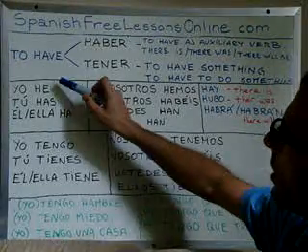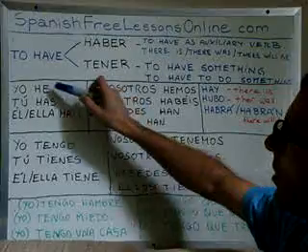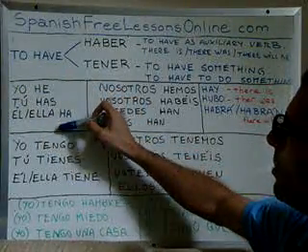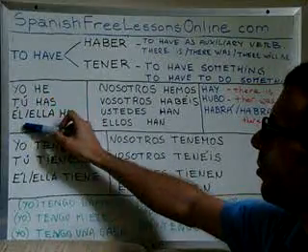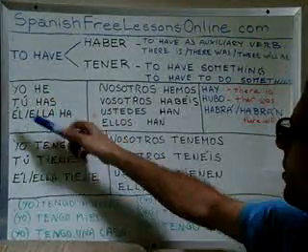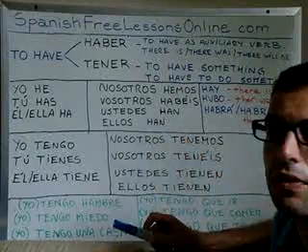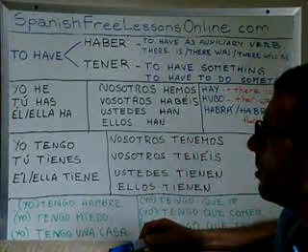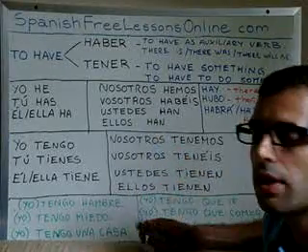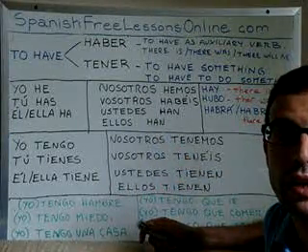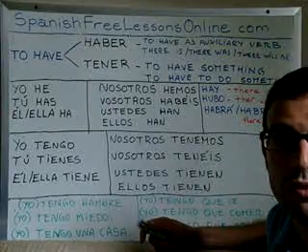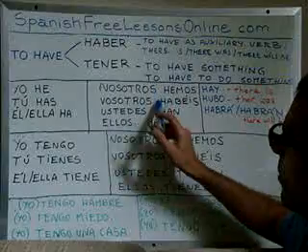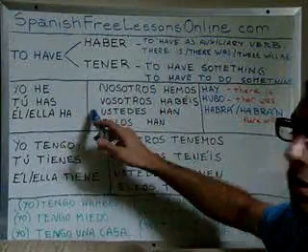So this conjugation of the verb haber with the pronouns, by itself means nothing, because the verb haber conjugates just to be used as an auxiliary verb, right? So for this to make sense, we have to add another verb here.